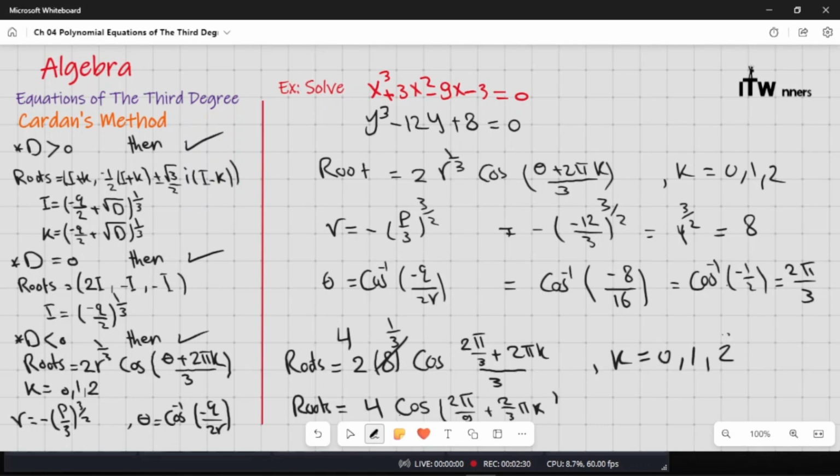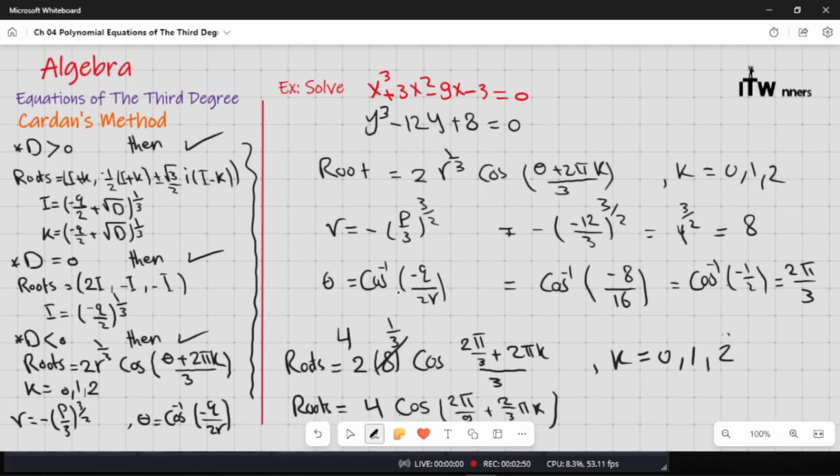Okay, and if we put here k equal to 0, this angle will be 2 pi by 9, and so on.